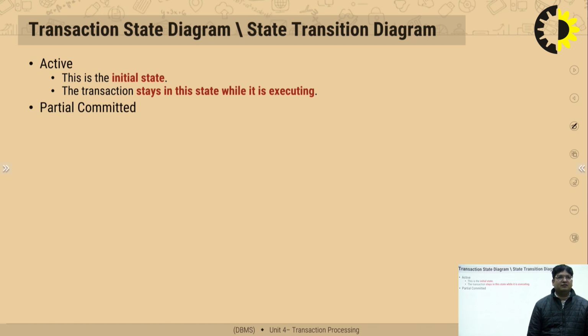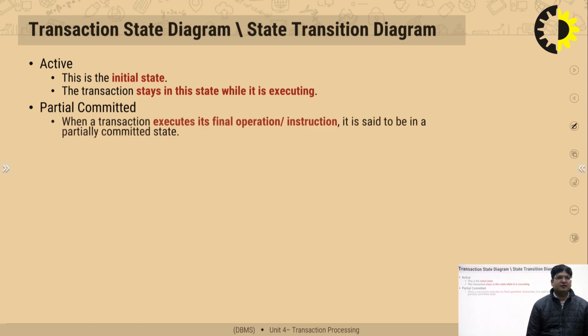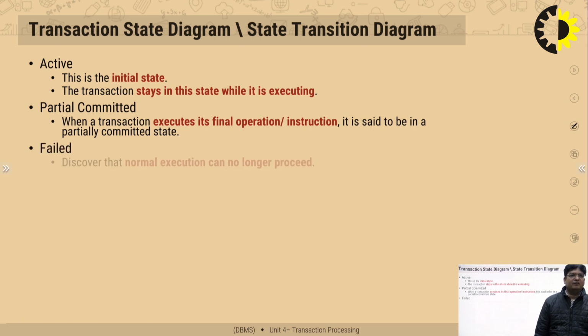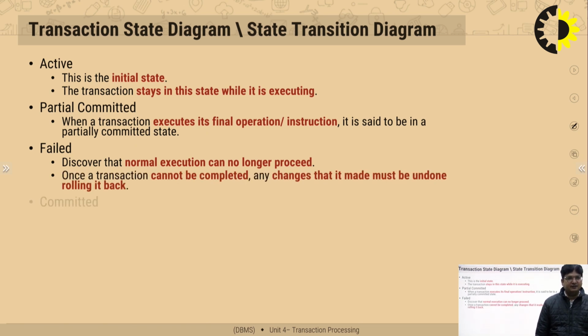So let us have a quick recap of the transaction state diagram. Active state is the initial state, and the transaction stays in this state while it is executing. Partially committed, when a transaction completes its final operation or instruction. Failed state, when we discover that normal execution can no longer proceed.